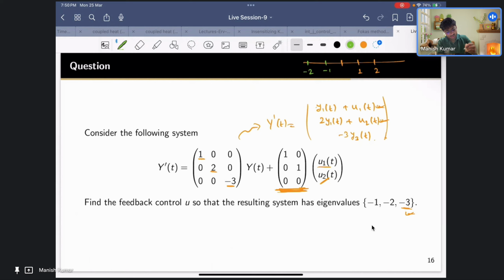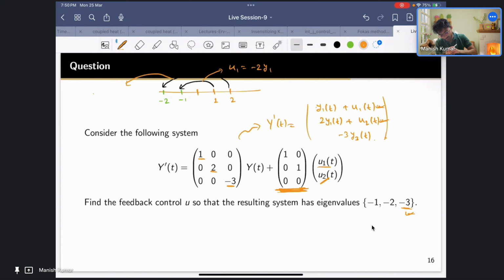So if I choose my u1, it depends. There are two possibilities. Possibility 1 is that you bring this here and this here. In this case u1 would be -2 y1, because I am shifting by 2 units, and u2 would be -4 y2.